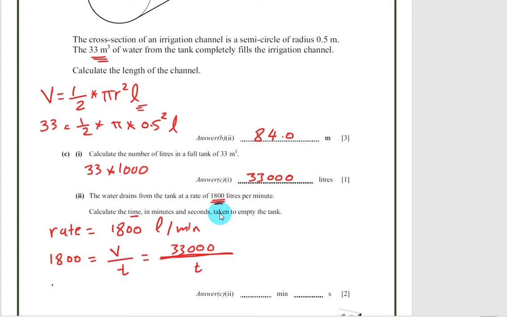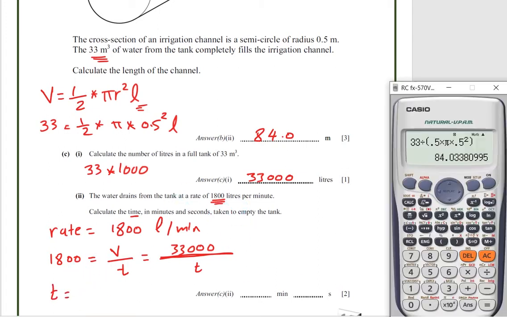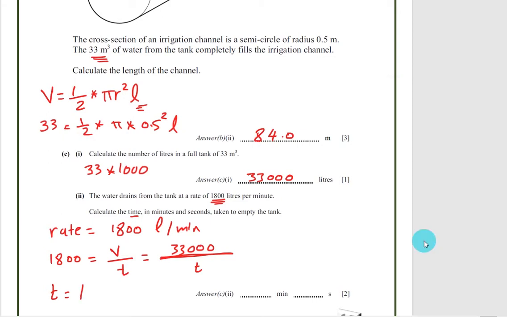So time will equal 33,000 divided by 1800, which is 18.33 minutes.